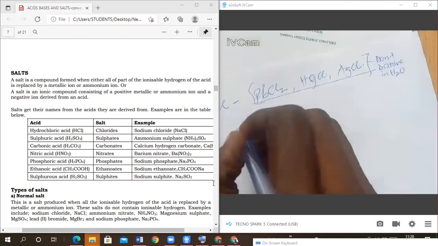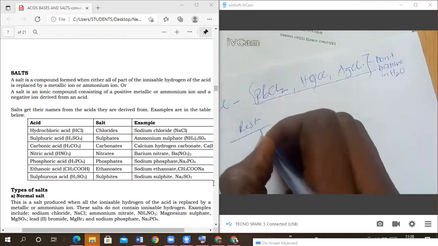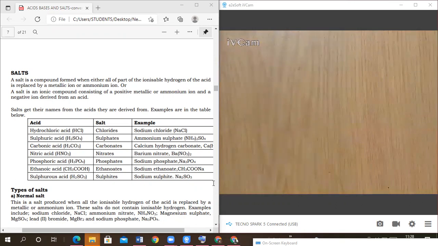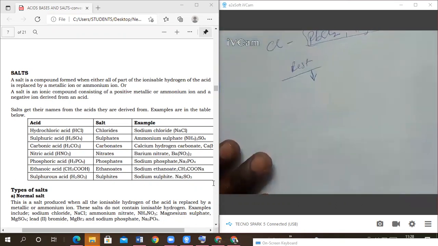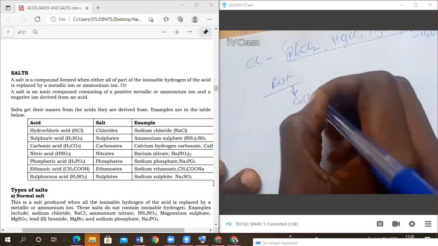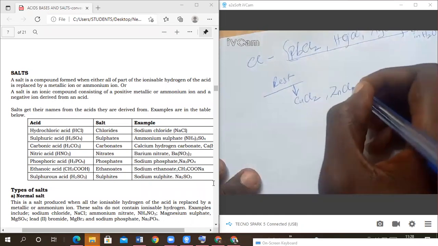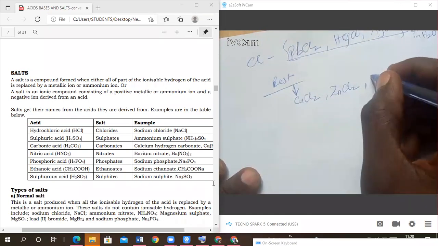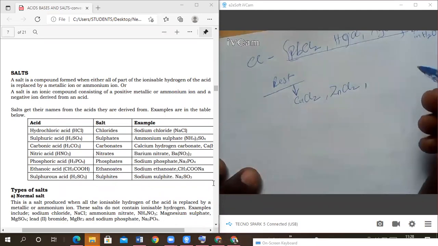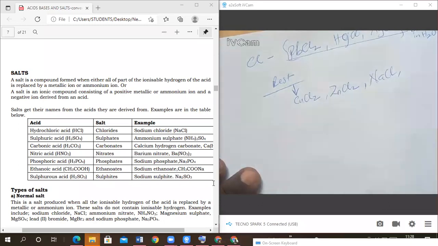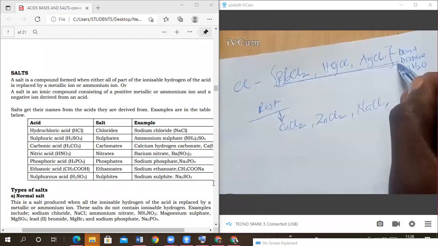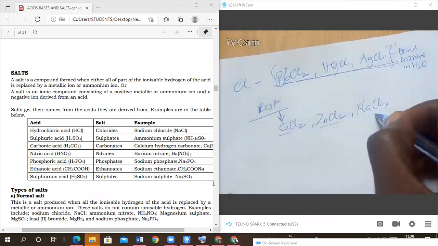An example of the rest of the chlorides that dissolve in water, apart from sodium, potassium, and ammonium: copper chloride, zinc chloride. Sodium chloride, we have talked about it. So apart from those that don't dissolve, the rest dissolve. So these are examples of them.